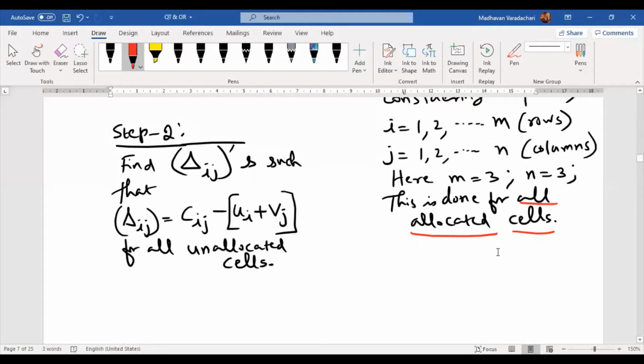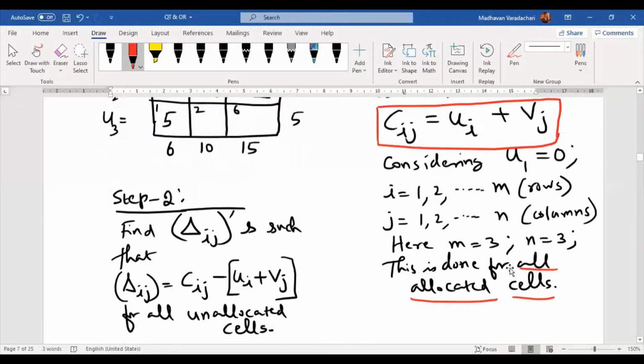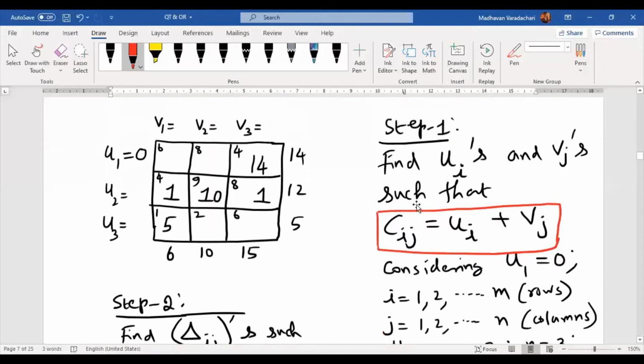You need to focus only on allocated cells. What do I mean by allocated cells? One allocated cell is this, wherever this 14 is sitting. This is not allocated. No allocations. That means I should only focus on allocated cells.